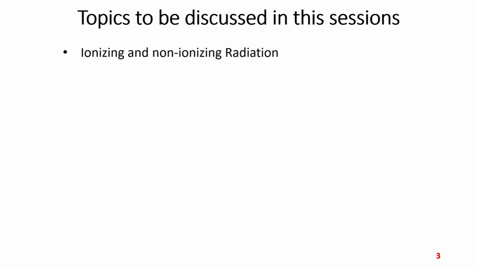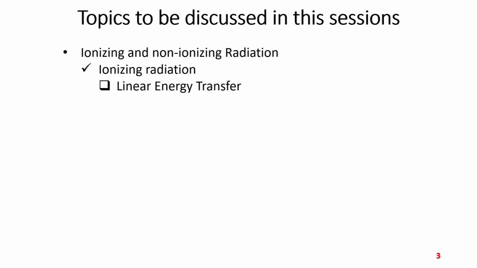In today's session we will discuss what is ionizing and non-ionizing radiation, and in regard to ionizing radiation, we will discuss mathematically what is linear energy transfer, and then what is total ionizing dose. In short form, they are generally called LET and TID.